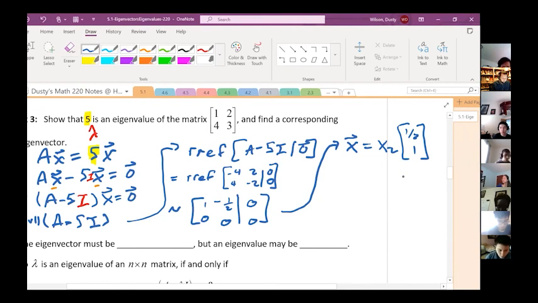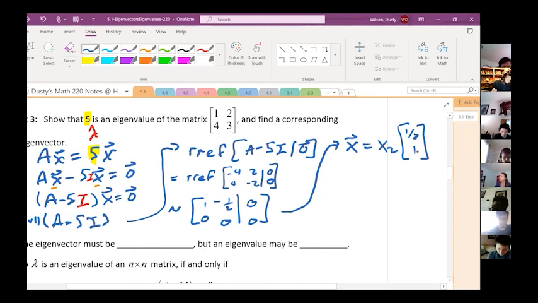But in this context, we're talking about eigenvectors, and so we're saying that any vector of this form, x equals x2 times (1/2, 1), is an eigenvector, except for the one when x2 equals what? There's like one bad x2 value. Yeah, x2 can't be 0 because we're only looking for non-trivial solutions.